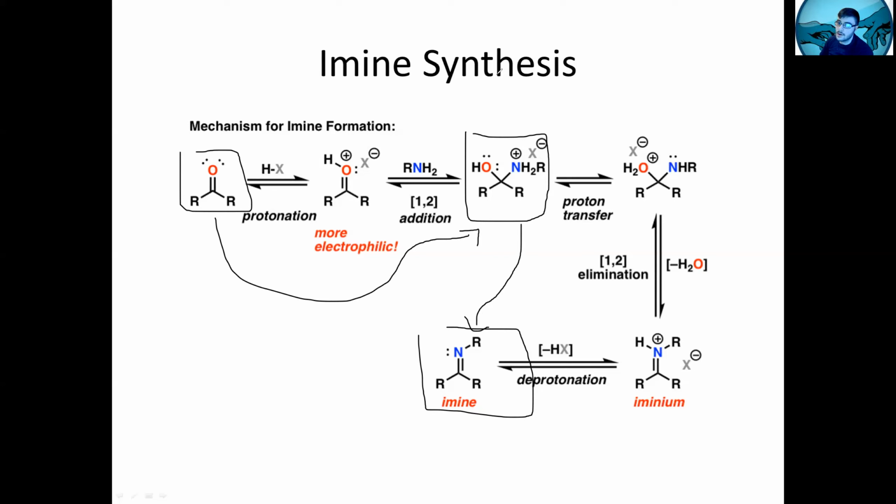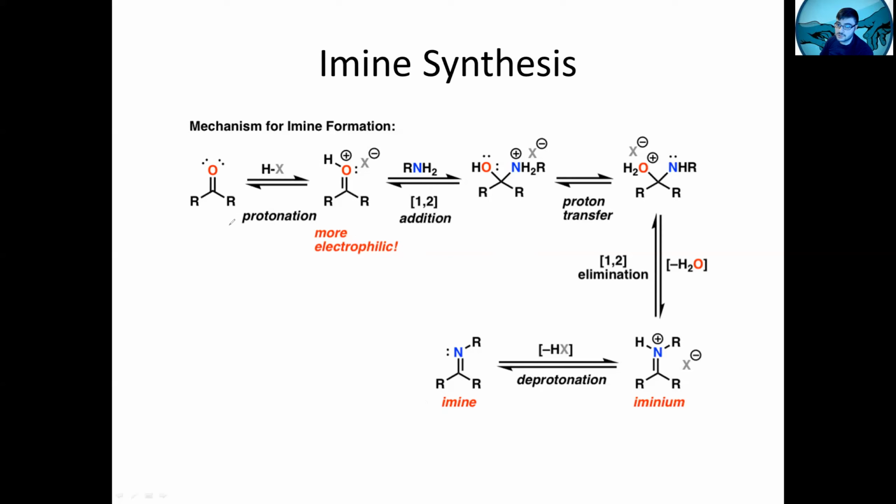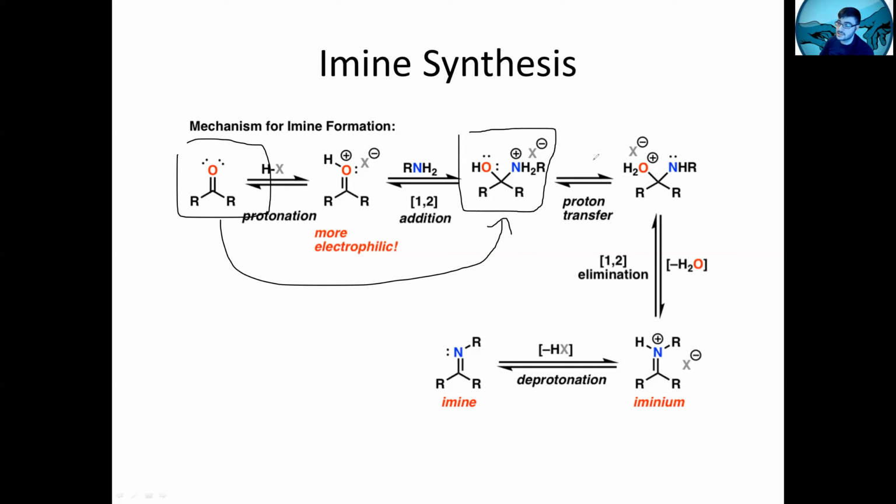Okay. Another thing I want to mention: once you do get to this stage, what can also happen is that what we talked about is that the OH gets the hydrogen, becomes H2O, and then acts as the leaving group and just leaves. And that's how you progress to this stage. But what can also happen is this can also act as a leaving group.